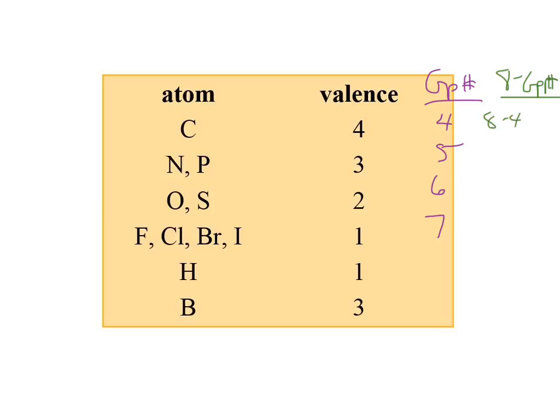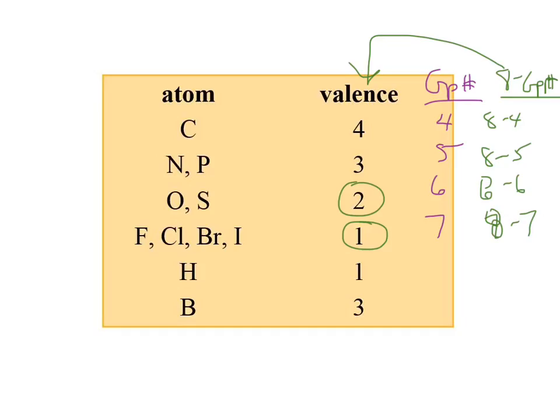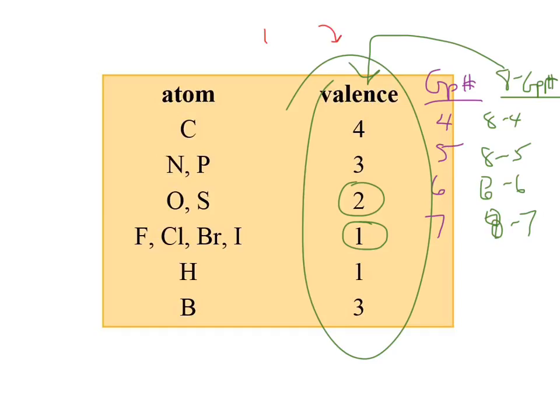So 8 minus 4 is 4. 8 minus 5 is 3. 8 minus 6 is 2. Okay, 8 minus 7 is 1. So these are all the expected valences if that atom is in a neutral molecule. So this is a number of sigma and pi bonds.